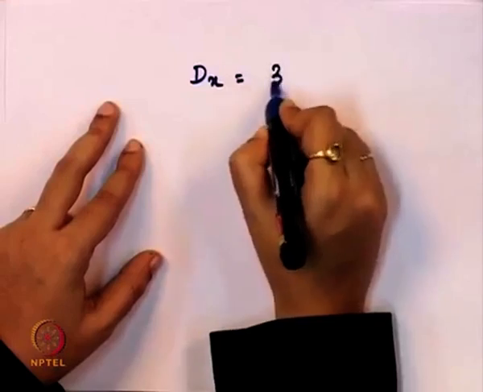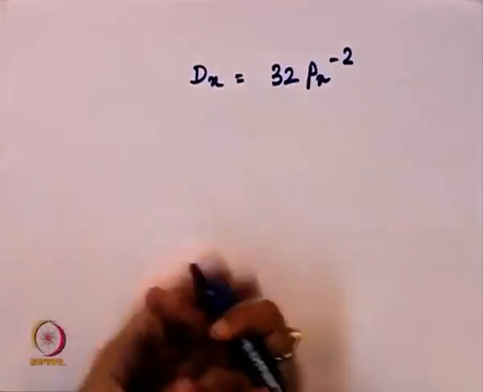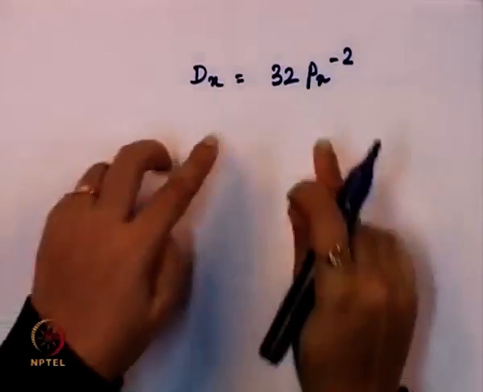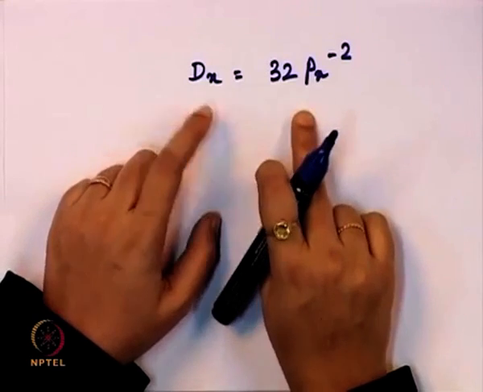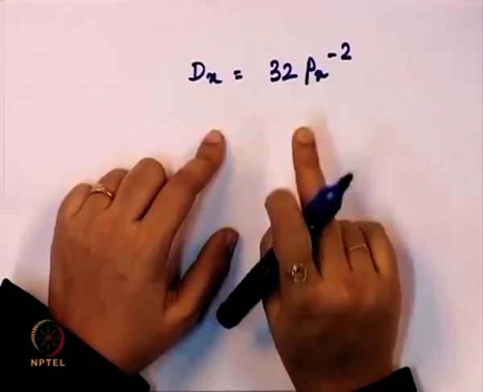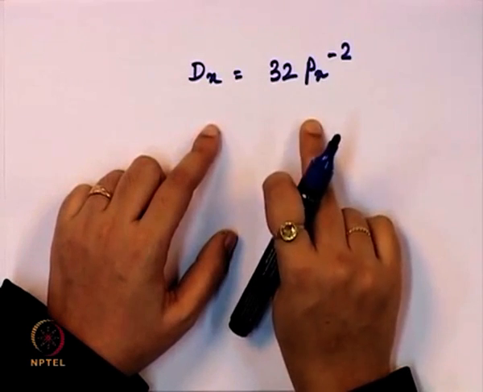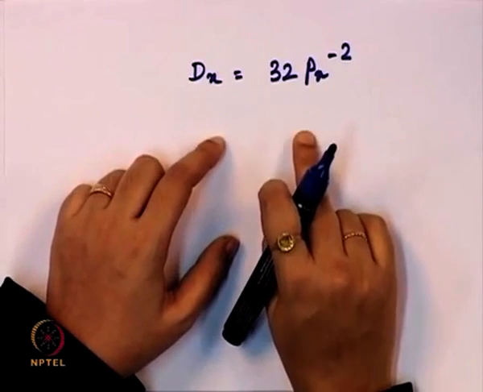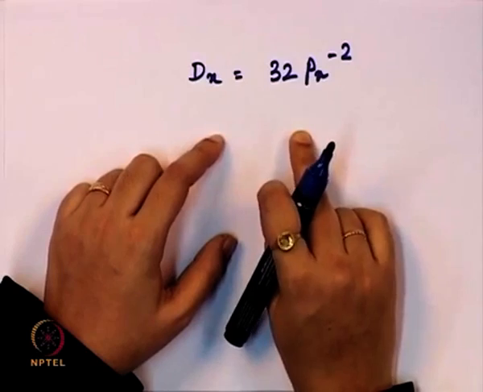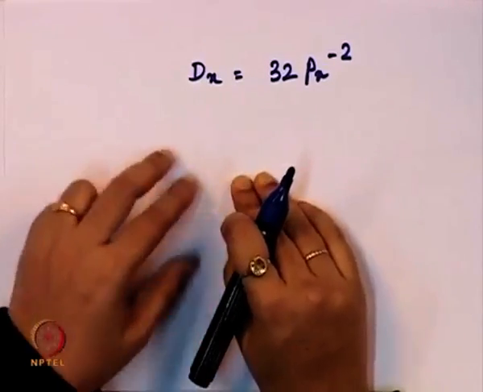Let us take a demand function, that is dx is equal to 32 px to the power minus 2. So, this is a demand function. We will use the differential calculus to find out the slope. This is helpful when the change in the independent and dependent variable is very small, and it is difficult to find the value of slope by the formula we discussed earlier.